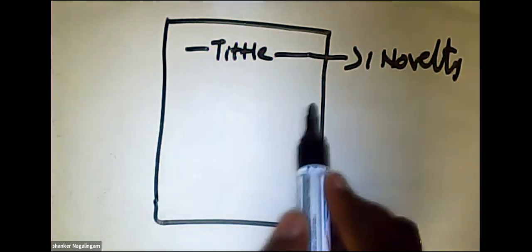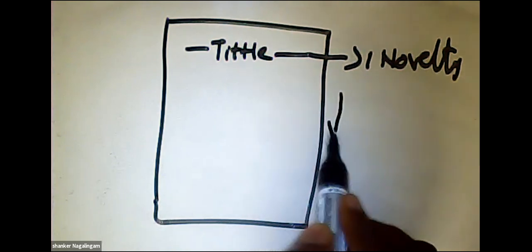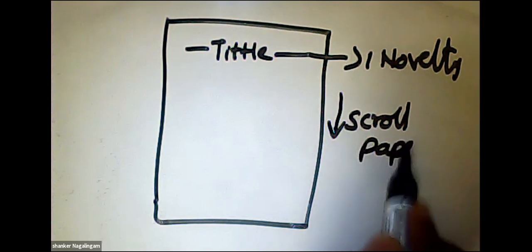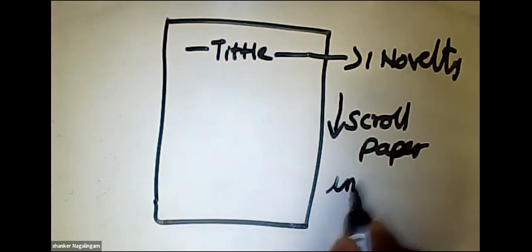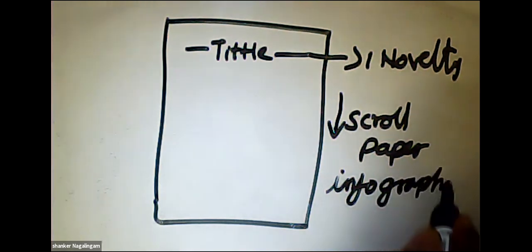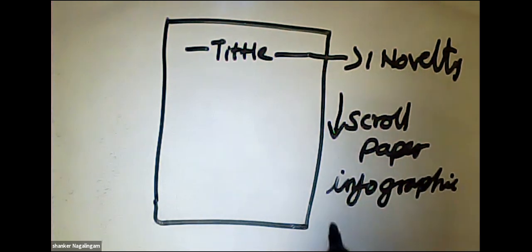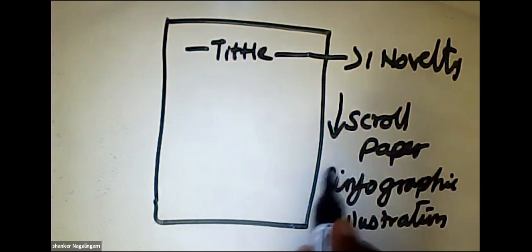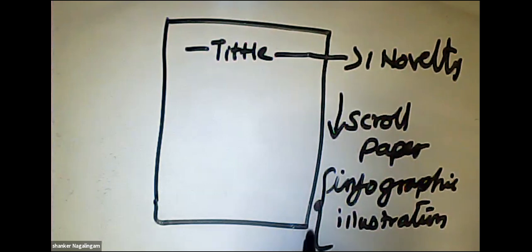Okay, and then when he scrolls down the paper, he'll see the infographics. Very important thing, and you see the illustrations. Whether you have used the appropriate tools, a proper tool. See, that is very important.